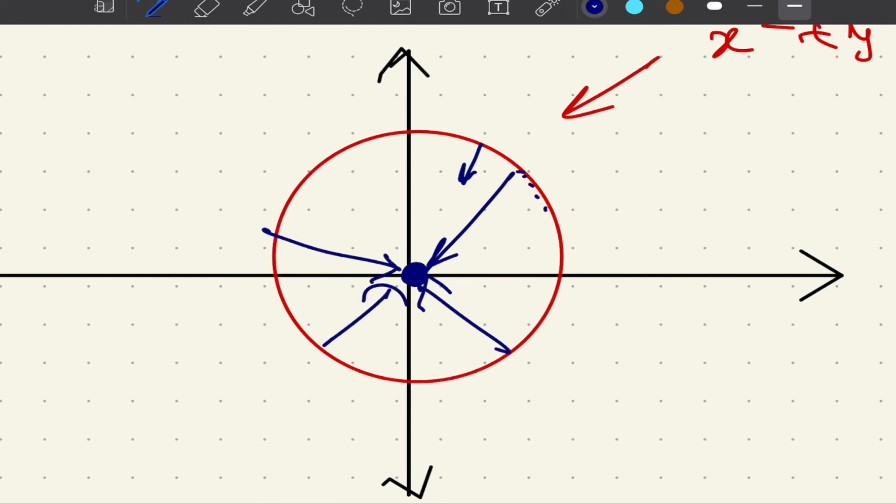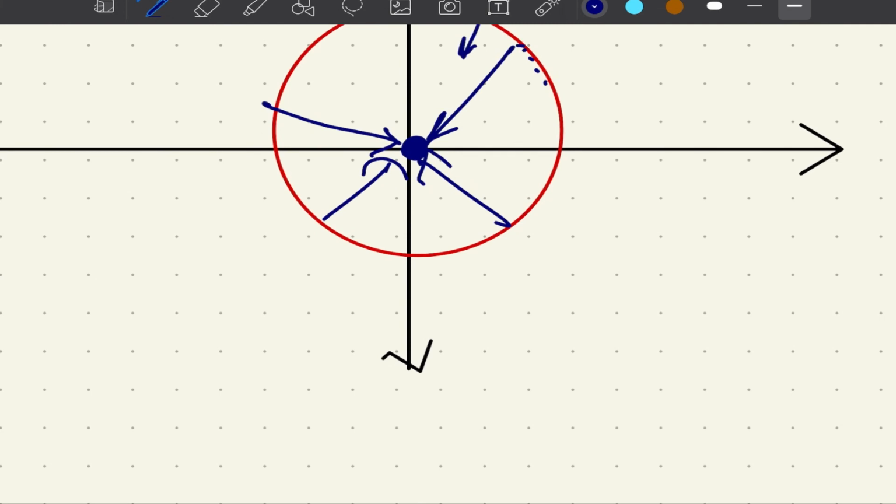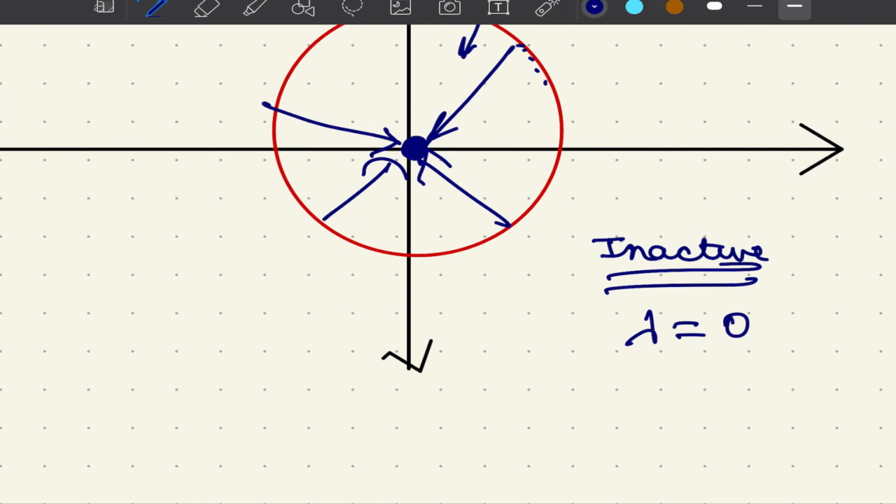It does not matter whether we have a constraint or not. In this case, we say that our constraint has become an inactive constraint. And whenever an inactive constraint happens, that would mean that lambda in this case is equal to 0, because we really do not need that particular constraint to determine our solution.